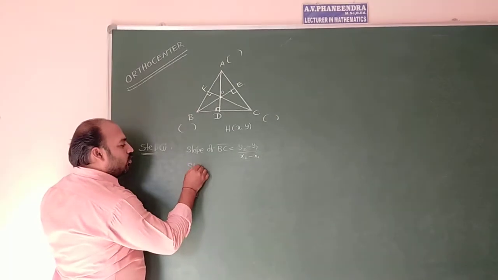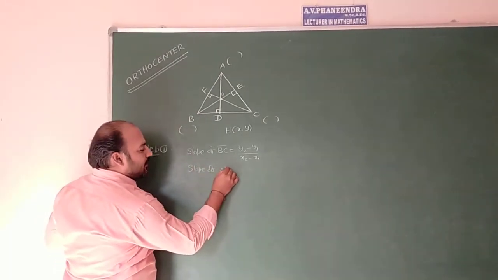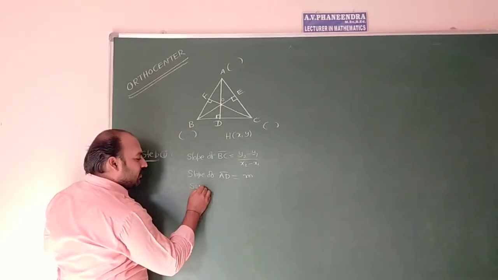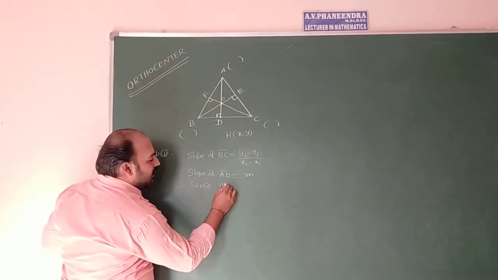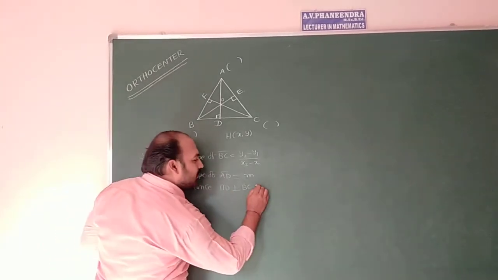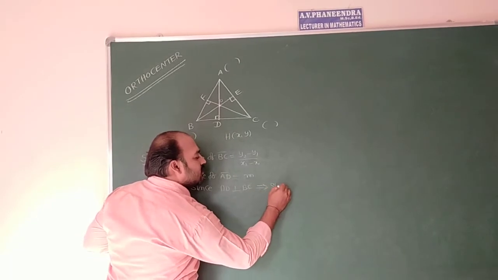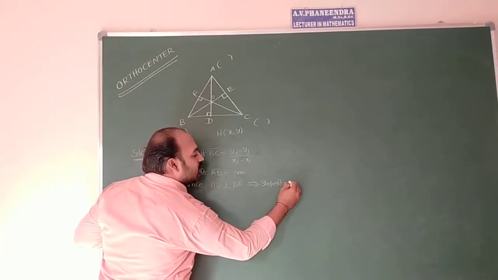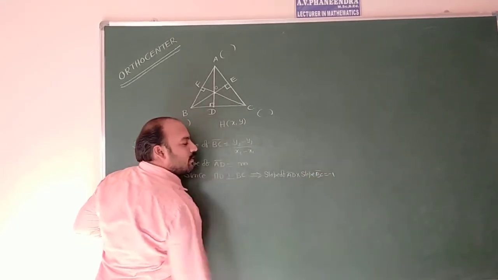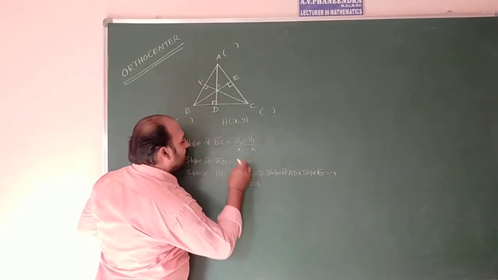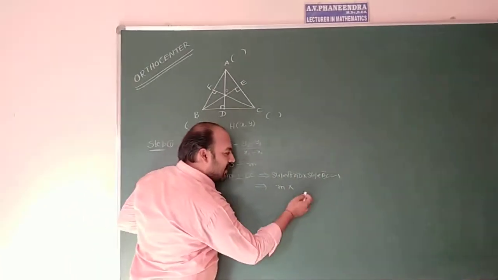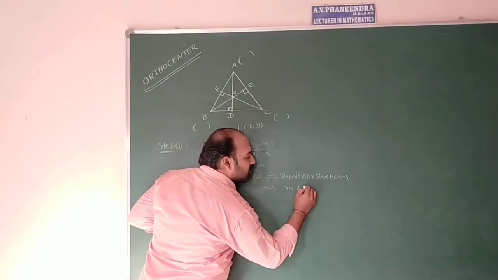Slope of AD we don't know, we have to assume that as m. Since AD is perpendicular to BC, whenever two lines are perpendicular, that implies slope of AD into slope of BC equal to minus 1. Slope of AD is m and slope of BC is some value. You can keep it like this only.